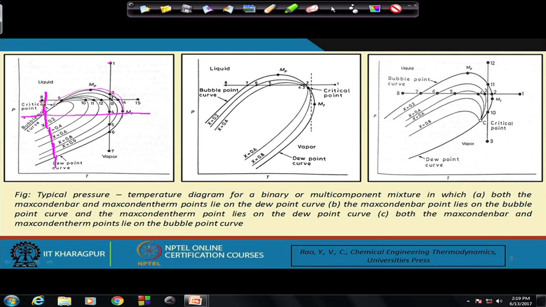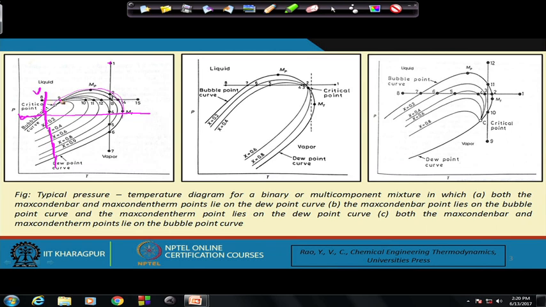Now, for example, instead of starting at this point, we start at a higher pressure temperature condition, beyond the critical point. Under this condition, since it is beyond the critical point, naturally we do not have a liquid phase like this; we have a vapor phase in this particular case. We start heating the vapor phase. What happens? We first touch the dew point curve.